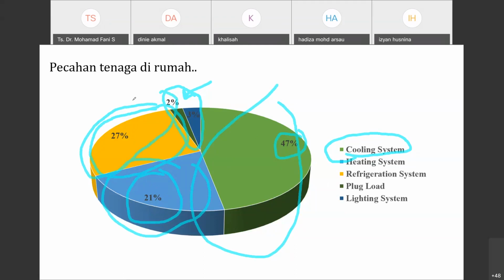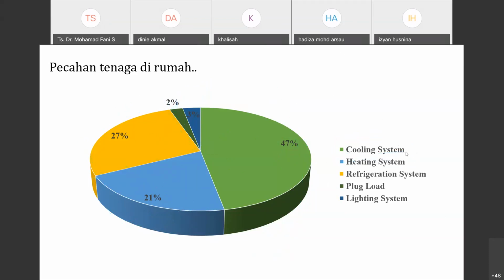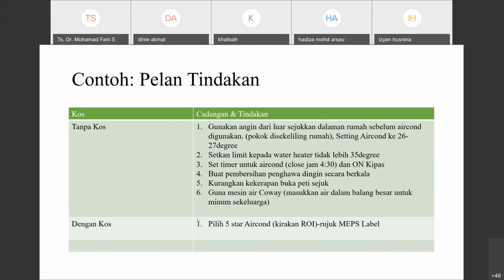And for the refrigeration system, the freeze, how many times is the best number to open and close the freeze? Start with the zero cost measures and with cost measures.